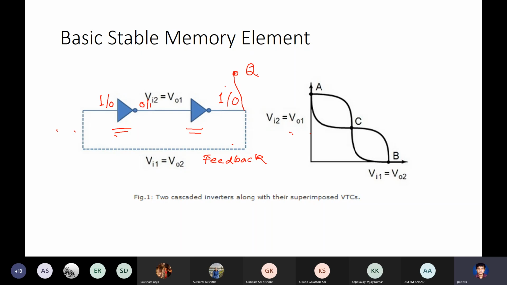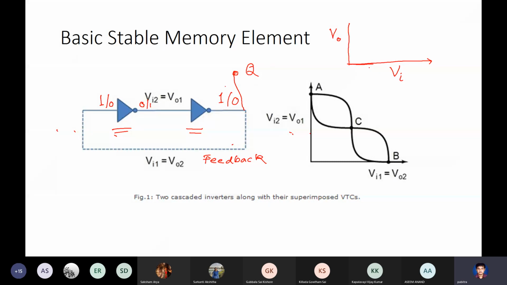You can also look at it like this. Suppose I plot it, it will look like this. If we take a single NOT gate and call the input Vi and the output Vo, suppose initially the NOT gate's input is 0.